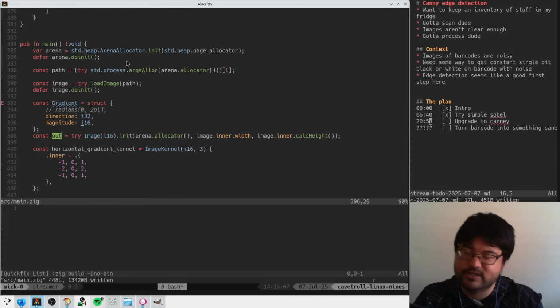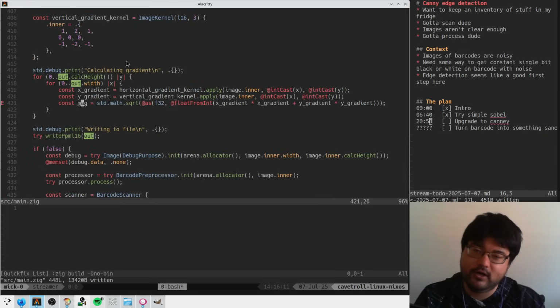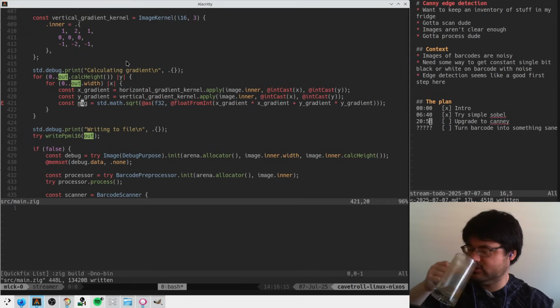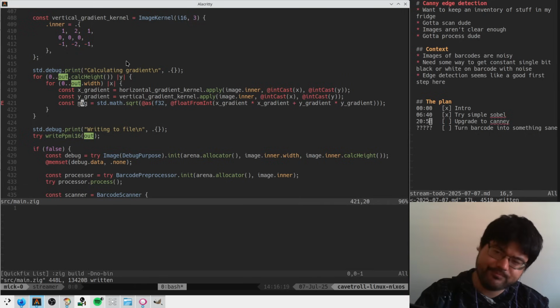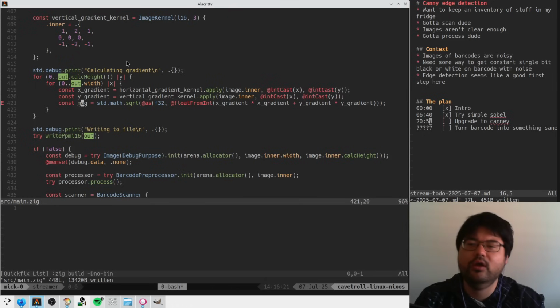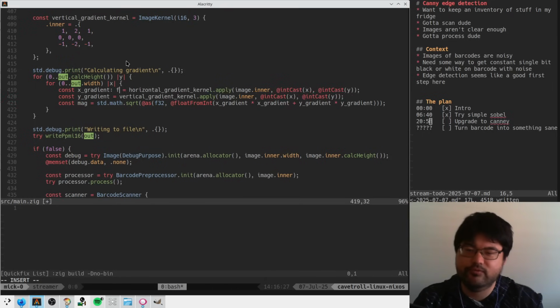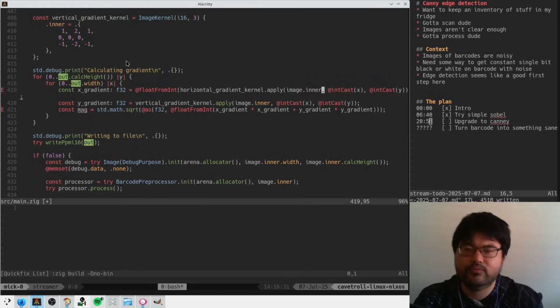I don't think it really matters anyways. Doesn't really matter for now. Maybe later it's an optimization to do integer work when we can. But fuck it. Okay, so we have the magnitude. I guess what we should do is actually do float conversion here. I think that'll make our lives a little bit easier.